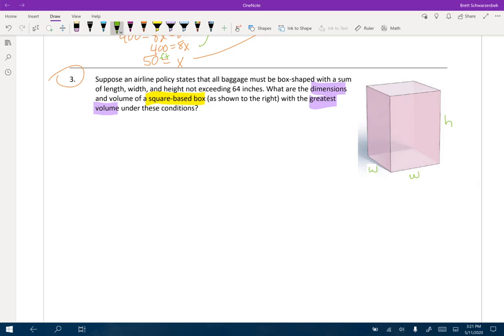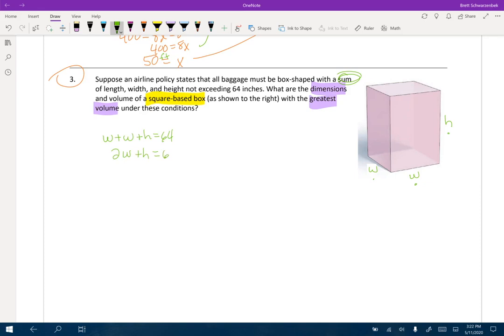So what is our constraint? It says that the sum of these three variables, here, here, and here, has to be 64 or less. So we don't need an inequality. We can simply just write W plus W plus H is 64, or in other words, 2W plus H is 64.